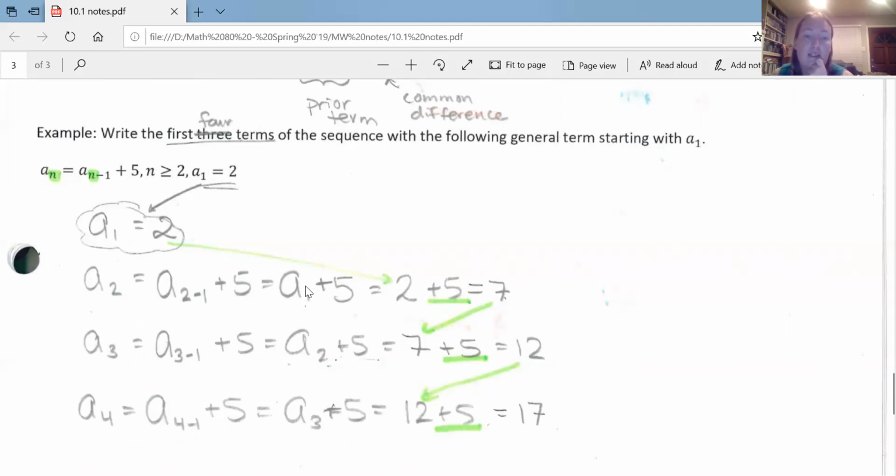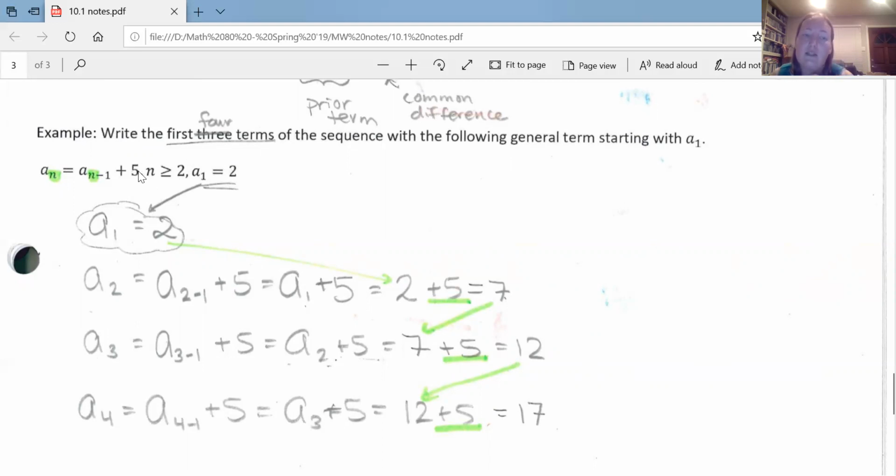So you're going to have a consistent adding of 5 from the prior term. So you have a sub 1 given to you, and you can only use this formula when your term number is greater than or equal to 2, because you've got to have positive integers as your counting numbers. So 1, 2, 3, I mean the smallest term is 1, but you need your first one to be given to you so that you can find the next one, because you always have to do 1 less.